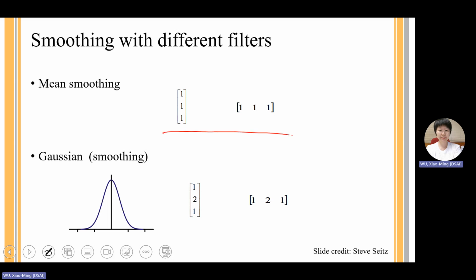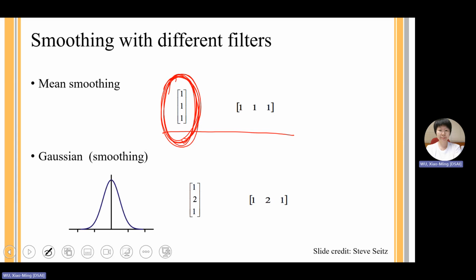Recognizing this, well, this is a vector, and its function is to smooth. What does this filter do? When you apply this one-dimensional filter onto an image, what does this filter do?